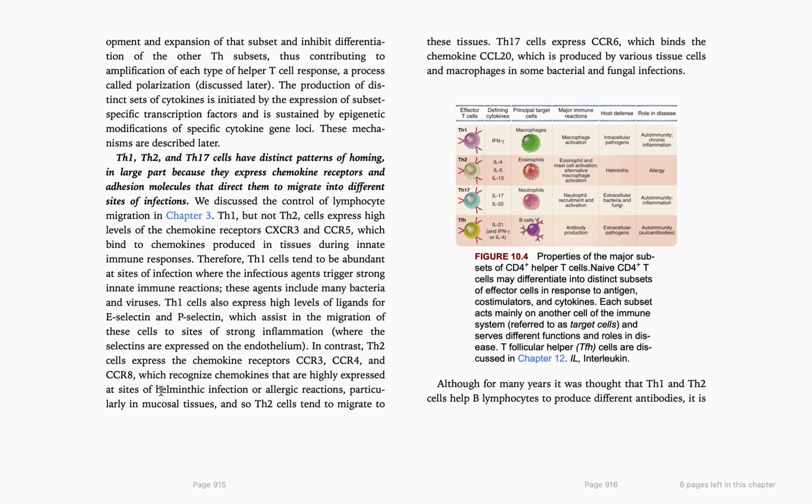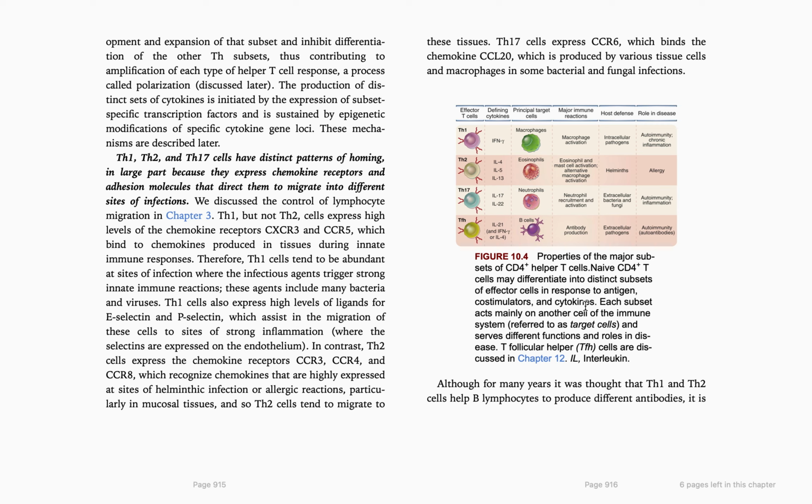These are produced by T helper 2. And when you come to Th17, it expresses CCR6 and chemokine CCL20, which are produced in various tissue cells and macrophages in bacterial and fungal infection. As you will see, these are related in that these mostly kill fungus and bacteria. So in summary, this is figure 10.4, properties of major subsets of CD4 helper T cells.